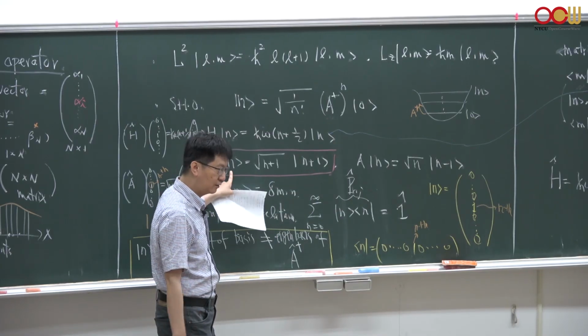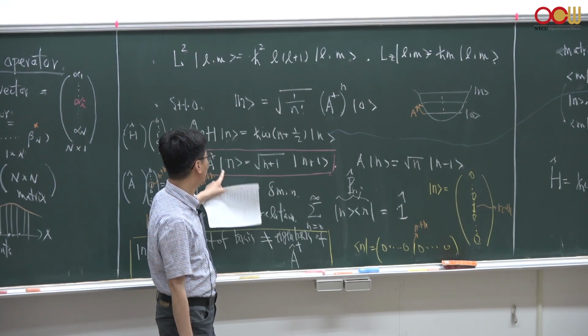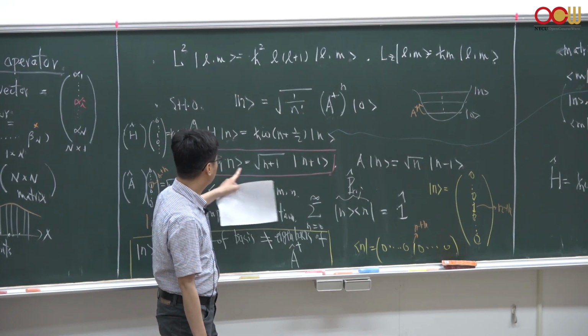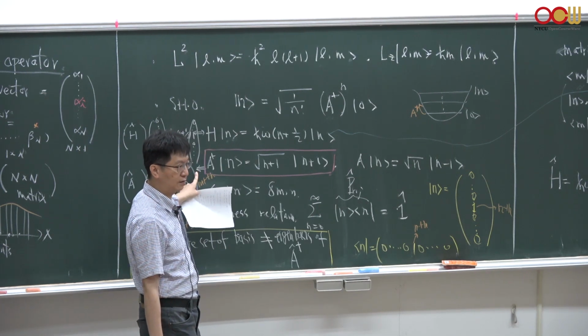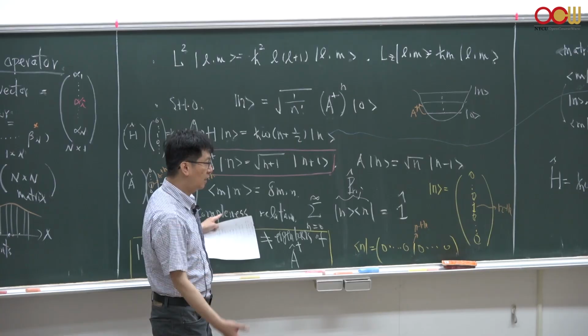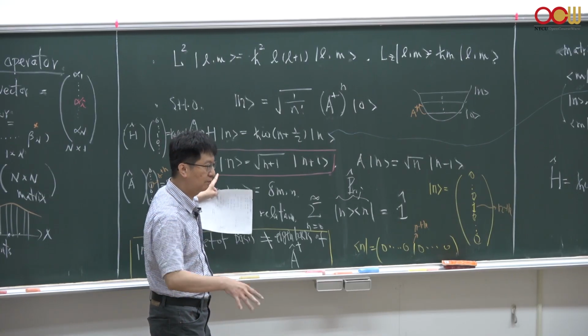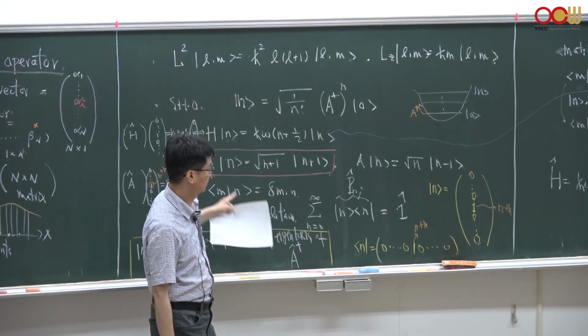So this is not the eigenvalue equation. This is simply a relation between the n and n plus 1 states by a dagger operator. As a result, the state n is not the eigenbasis of a dagger operator. We will come back to this in just a moment.